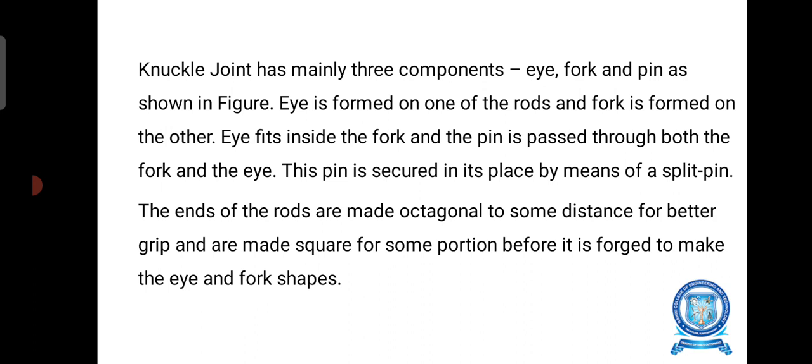This pin is secured in its place by means of a split pin. The ends of the rods are made octagonal for some distance for better grip, and are made square for some portion to form the eye and fork shape.